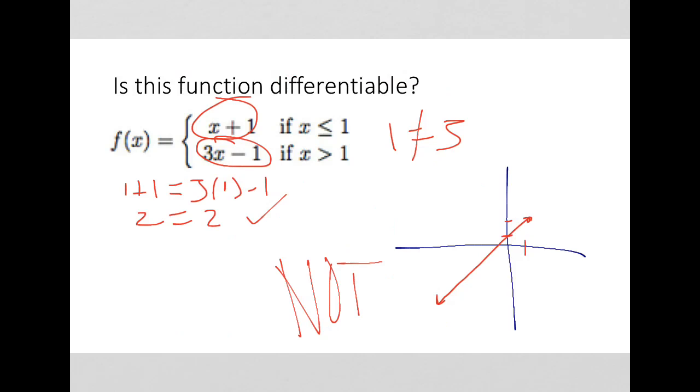So think about what that function is going to look like. 1, 2, 3. That slope is much steeper. So if I draw that side in blue, again, notice we found that they were continuous there, so I know the x value is going to be the same, but I'm much steeper like that.